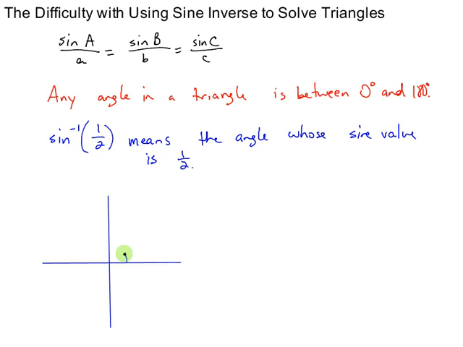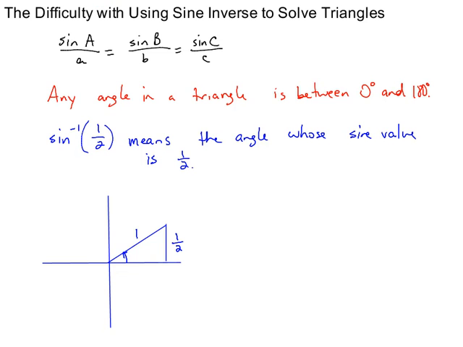Well, if you draw the reference right triangle here, if I want the sine to be a half, that's like the y over the hypotenuse. So 1/2 over 1 is 1/2, so this angle has a sine of a half.